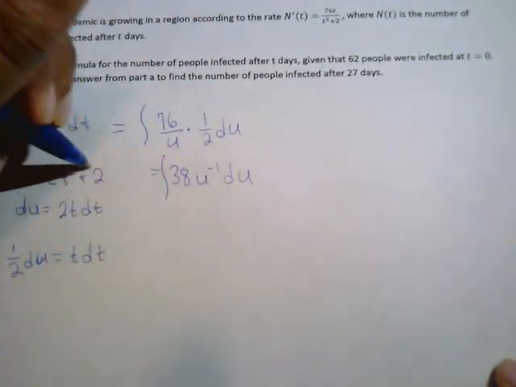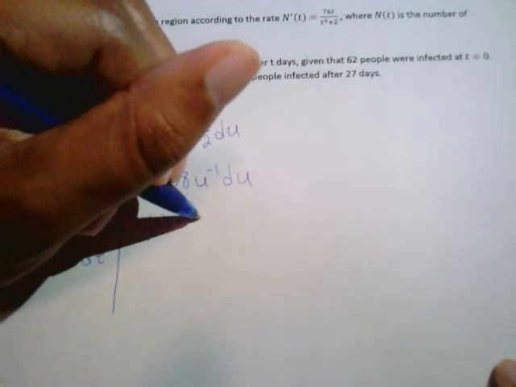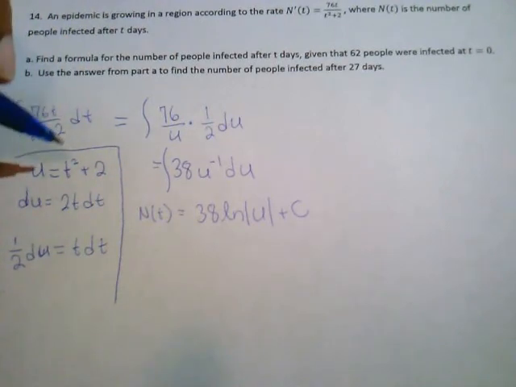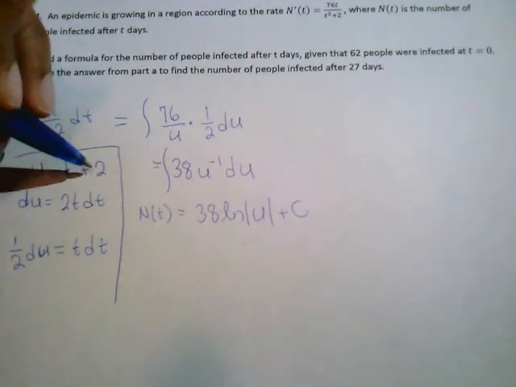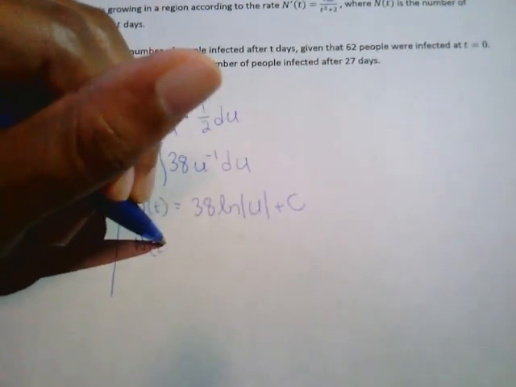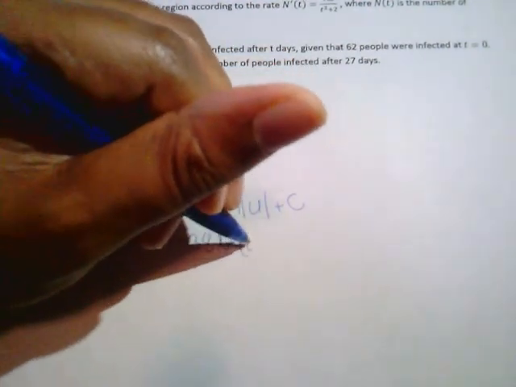So our antiderivative then for our n function, n of t, will be equal to 38 times ln of u plus c, and u equals t squared plus 2. Again, t squared plus 2 will always be positive, so we can drop our absolute value once we substitute that in. So this equals 38 ln of t squared plus 2 plus c.